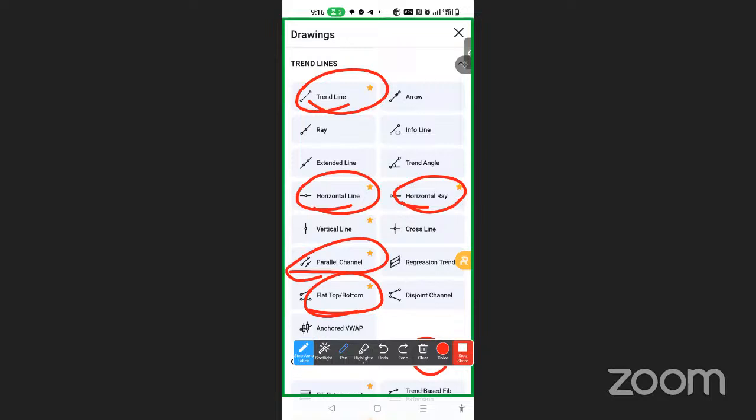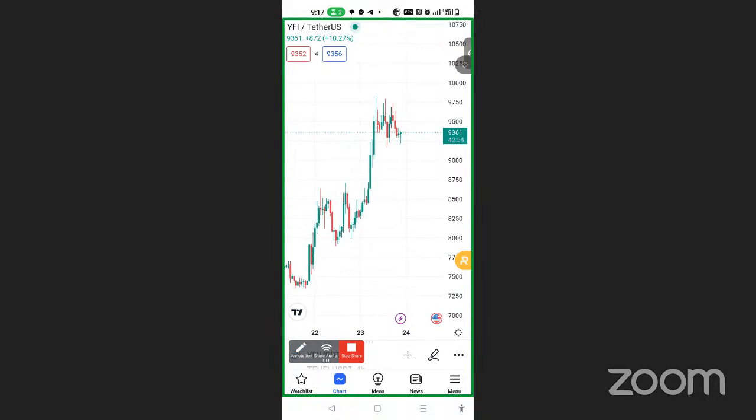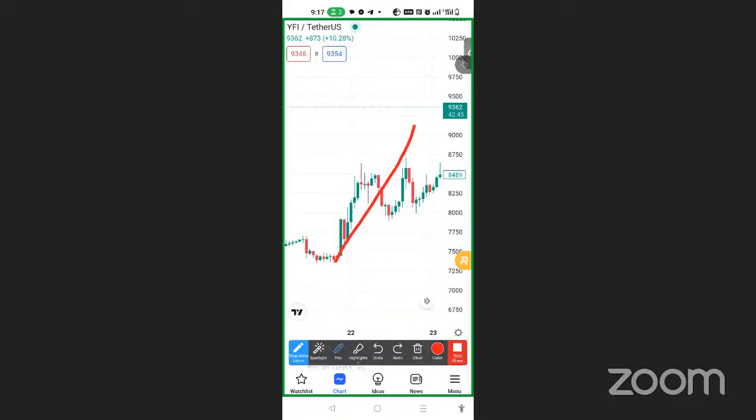And in a downward trend, we draw trend lines above the candles. So let us go to the screen. This is basically an uptrend, and this here is basically a downward trend. In an uptrend, we draw trend lines below the candles. In a downward trend, we draw trend lines above the candles too.